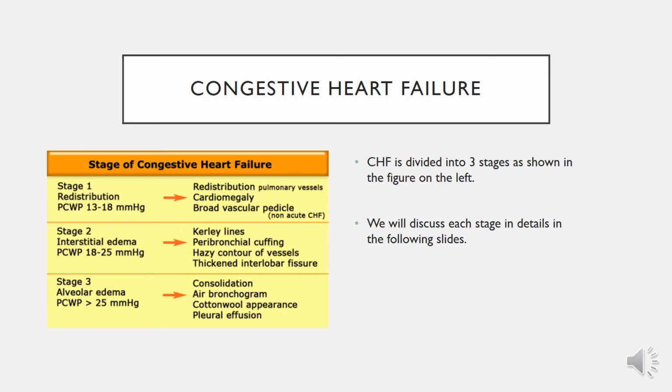In stage 2, there will be interstitial edema, and the pulmonary capillary wedge pressure will be from 18 to 25 mmHg. Finally, in stage 3, there is alveolar edema, and the pulmonary capillary wedge pressure will be more than 25 mmHg. We will discuss each stage in detail in the following slides.